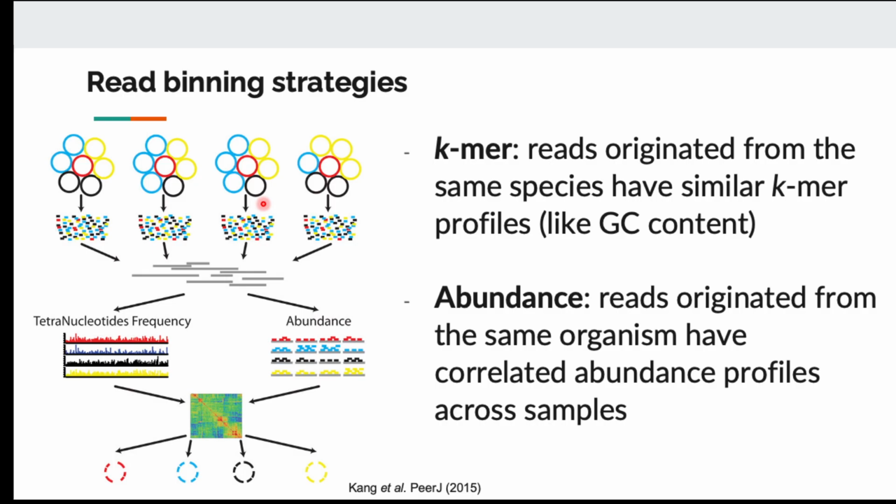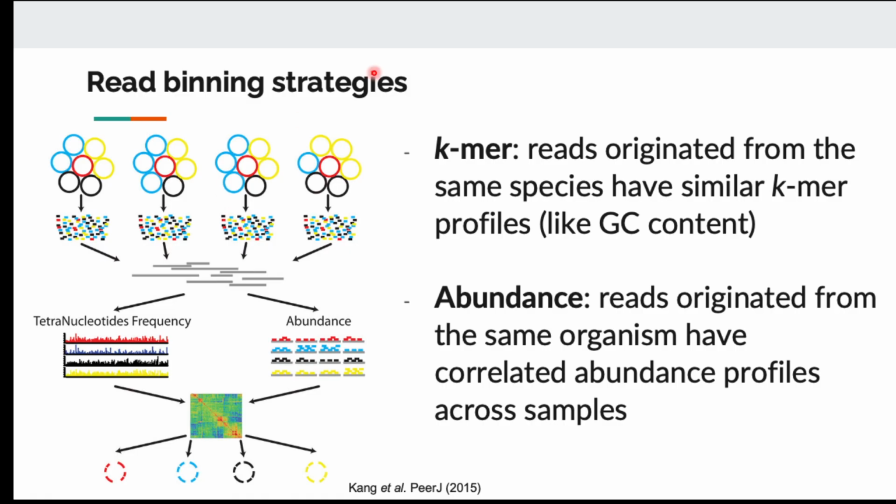Let's take another example. Say we look at reads that might come from the black organism. This sequence should be high in samples 1 and 4 and low in samples 2 and 3. So we can use this pattern to group sequences together.